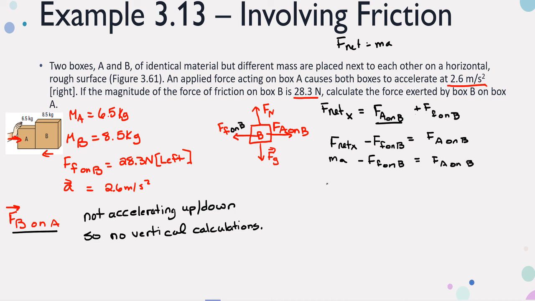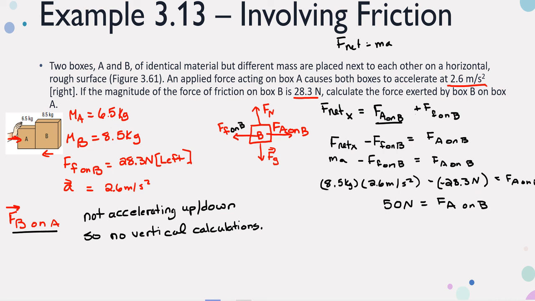So our mass in this case of B is 8.5 kilograms multiplied by 2.6 meters per second squared minus 28.3 newtons negative is equal to F A on B. This makes sense. This will give us newtons. So we're going to plug this into our calculator, and you're going to get 50 newtons is equal to F A on B.